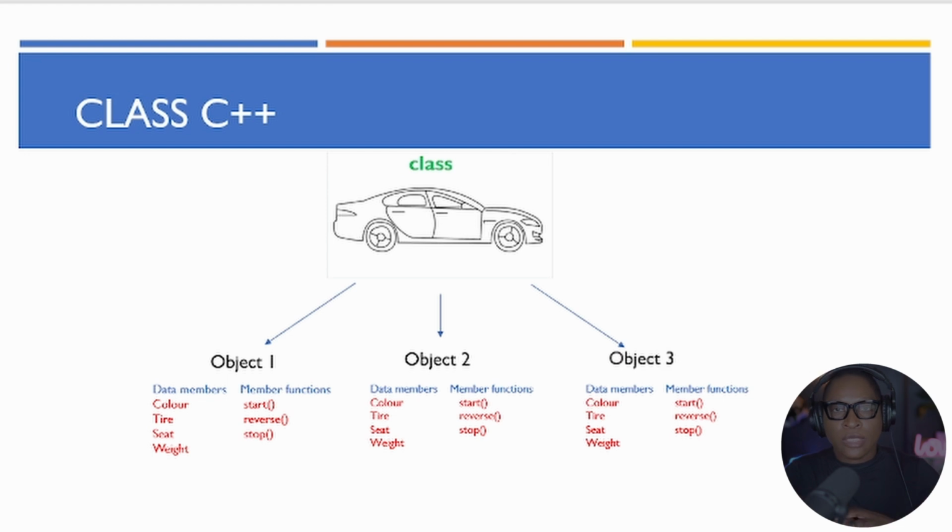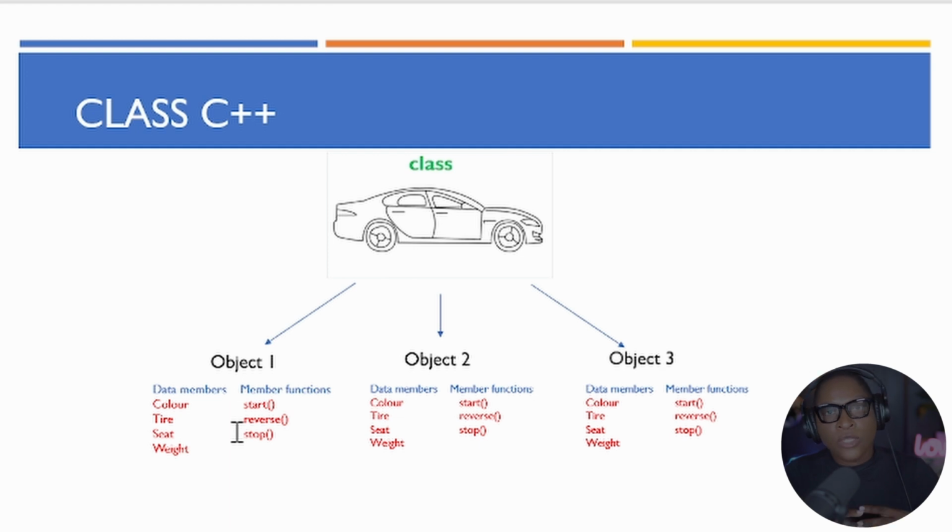You just want to create one blueprint and then have different versions of that blueprint. If you think of the structure of a car, every car must have those type of attributes. So every car must have a start, a stop, and reverse. Those are just attributes that will be in a car.